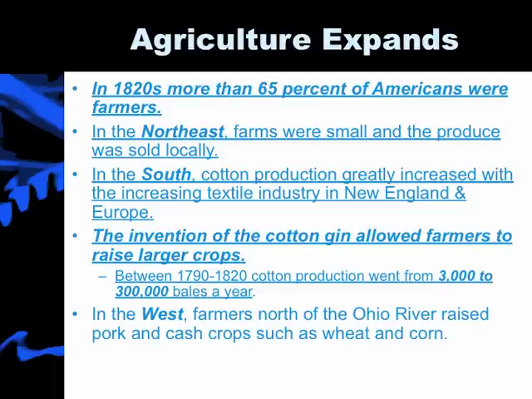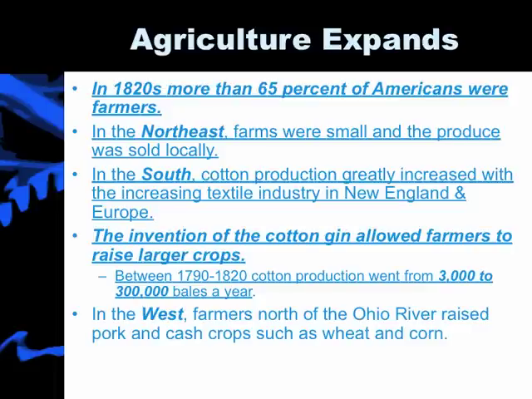This is an incredible stat. Between 1790 and 1820, less than 30 years or so, cotton production went from 3,000 bales a year to 300,000 bales a year. We did the math. That is a 10,000% increase.